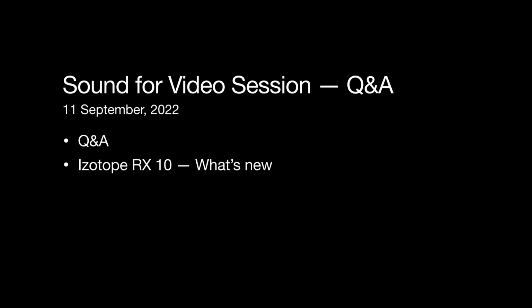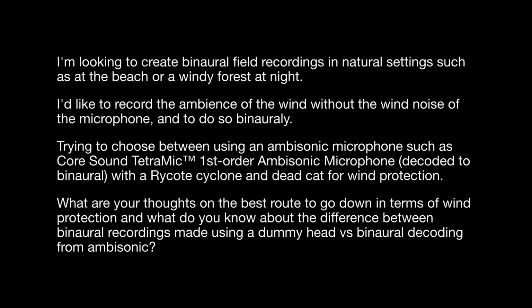Okay. With that, let's jump in first to our questions. Number one, these are some long ones here, so stick with me. First, I'm looking to create binaural field recordings in natural settings, such as the beach or a windy forest at night. I'd like to record the ambiance of the wind without the wind noise of the microphone, and to do so binaurally.